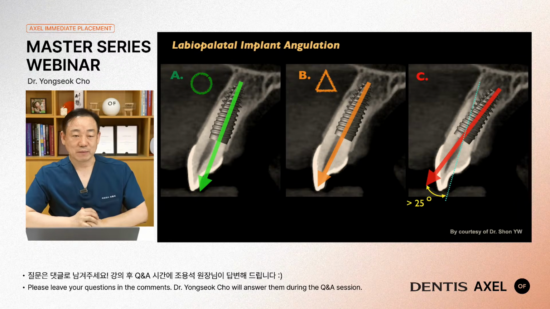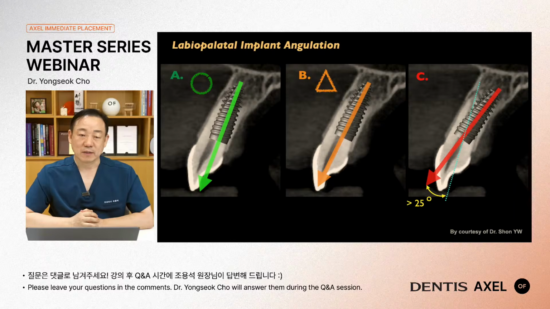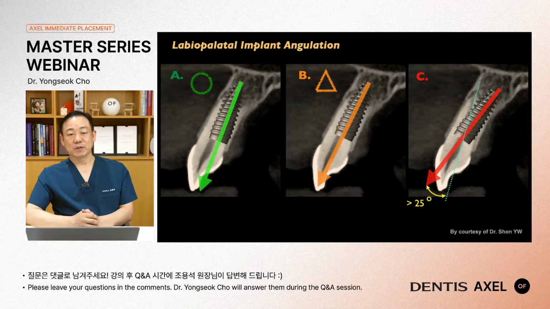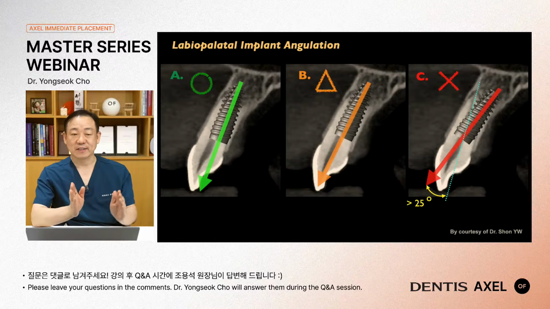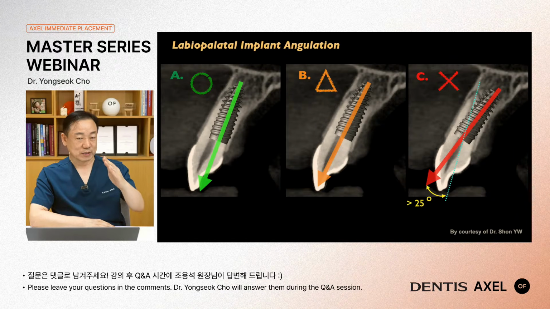With temporary cement, there's a chance of accidental dislodgement of the crown. And when we cement the crown with permanent cement, it is difficult to retrieve the crown when necessary. So it is not recommended. You must control the axis at least to the incisal edge or slightly labially.